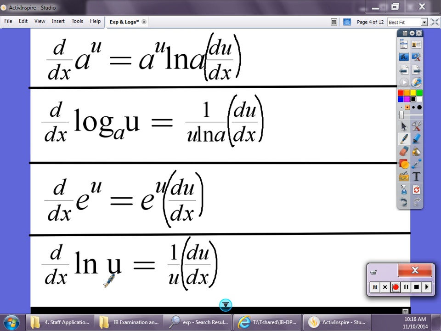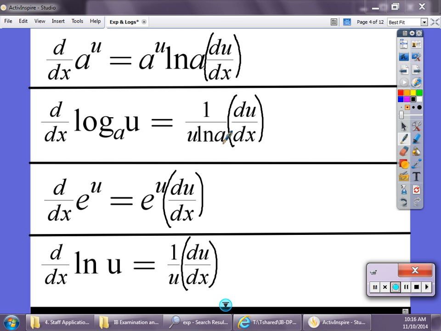It's a special logarithmic called the natural log. What's the base here that you just don't see? e. So for this logarithmic, the derivative of log base a of u is 1 over u, and this one is also 1 over u. They both have 1 over u, but this one also has the natural log in it. So there are a couple of connections you can make to help you remember. Does that help a little bit?